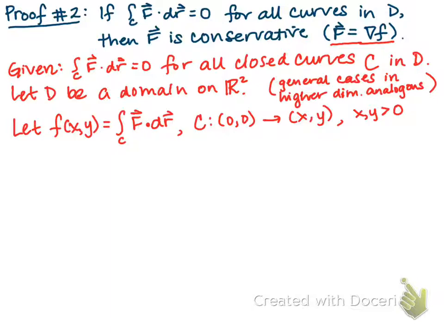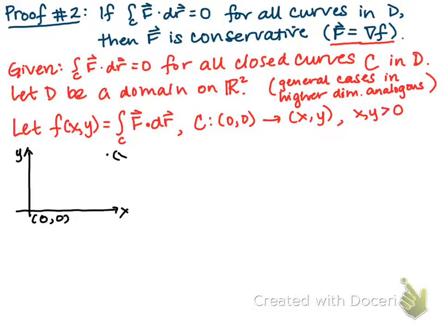Why does it not matter which curve C I pick to go from 0, 0 to x, y? Okay, so let's draw a picture. We're going from 0, 0 to some point x, y.